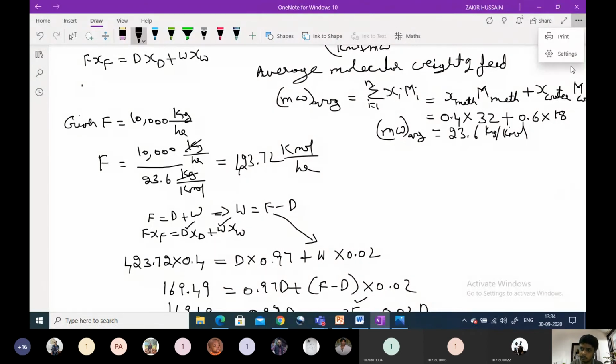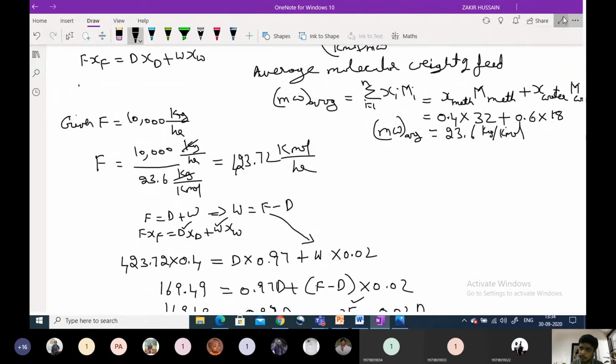It is a simple material balance problem.